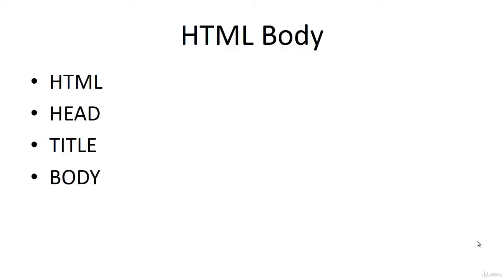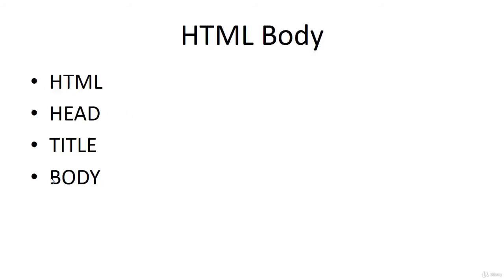Now, before I move on to video number 2, we are going to talk about the basic structure of an HTML body. Whenever you create a new HTML page, basically at the top you're going to have an HTML tag, and think about it wrapping around everything. So you have the HTML, and then the head, which is right underneath the HTML.